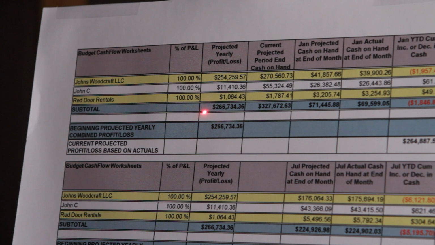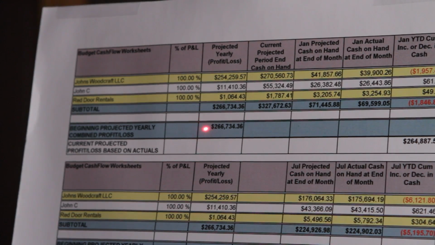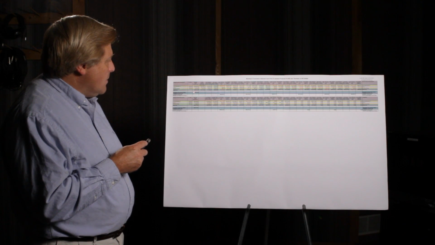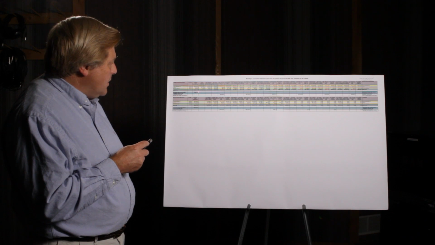When you total these down, he's going to make $266,734.36. And that comes down, and that gives his beginning projected yearly combined profit and loss. In this case, it happens to be the same because it's in the first particular period. So this number represents the cumulative effect of all of the budgets that he picked to enter.